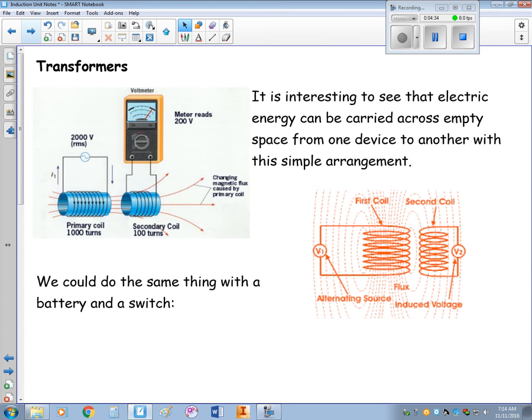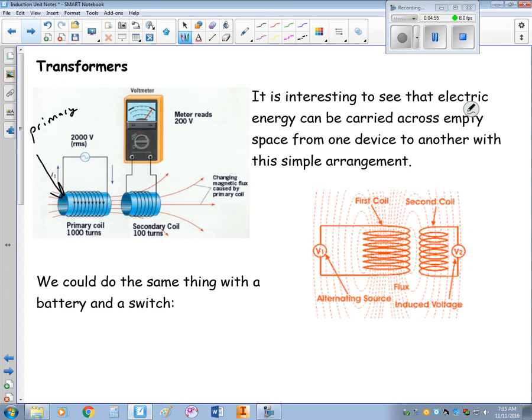If I take two coils of wire and set them next to each other, and I have electricity pass through one coil, I'll call that the primary coil. A magnetic field will be generated inside that coil.